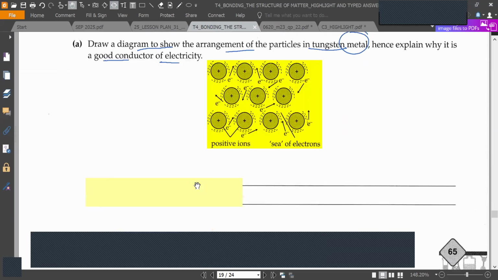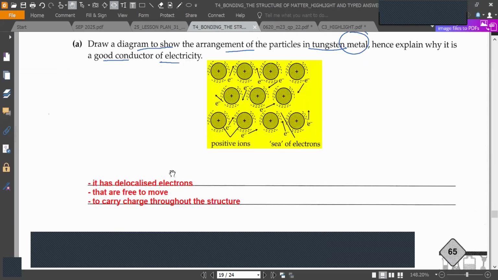Why is it a good conductor? It has delocalized electrons that are free to move and can carry charge throughout the structure. So metals are good conductors of electricity because of these key points.